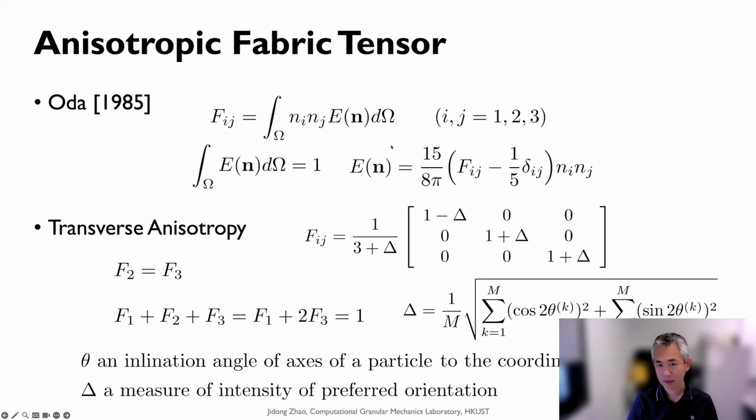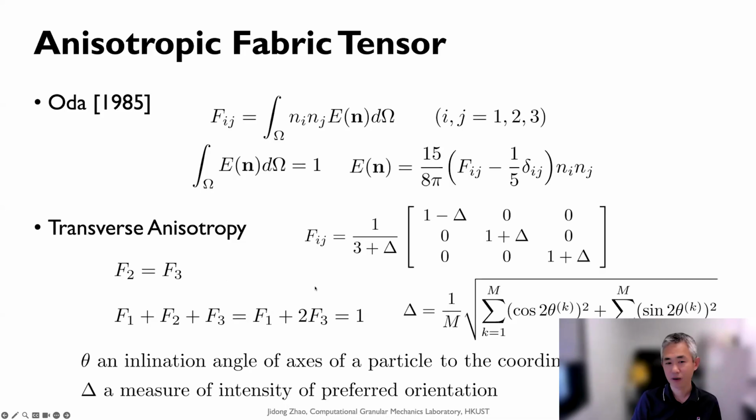We define such a fabric tensor over all the contacts in the assembly of the granular material. We can define a second order tensor, and a special case, for example, transverse anisotropy, refers to when two of the principal values are identical.